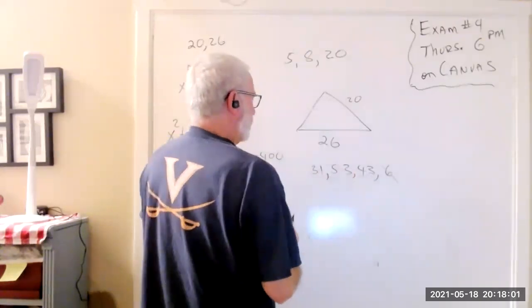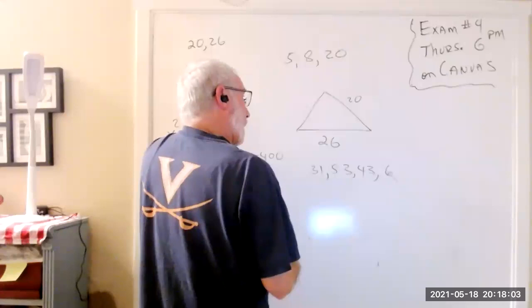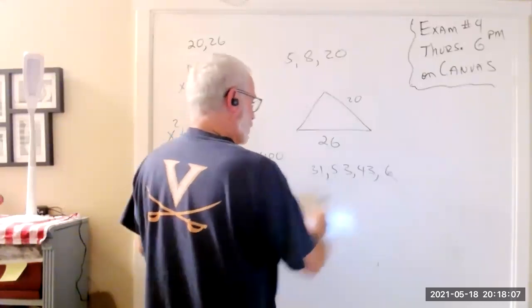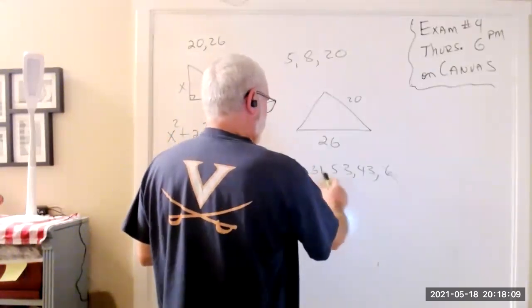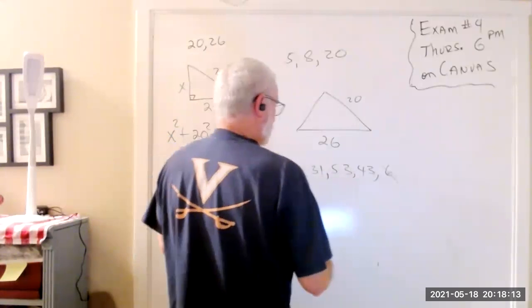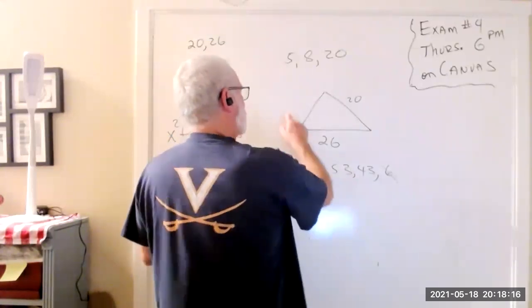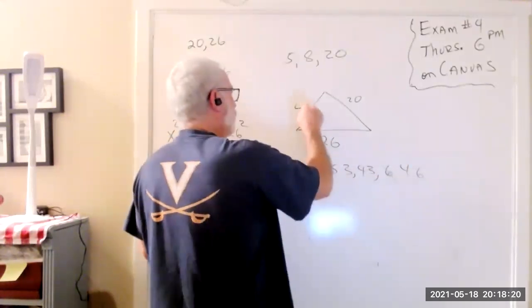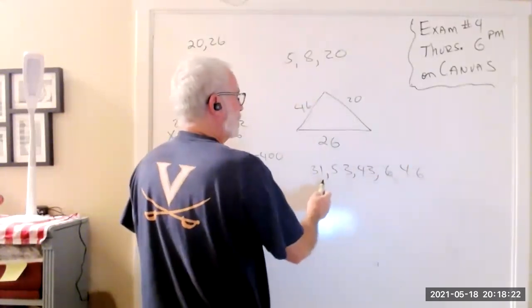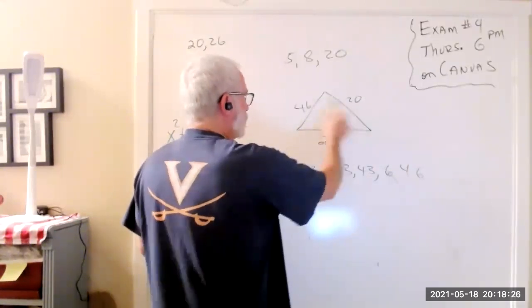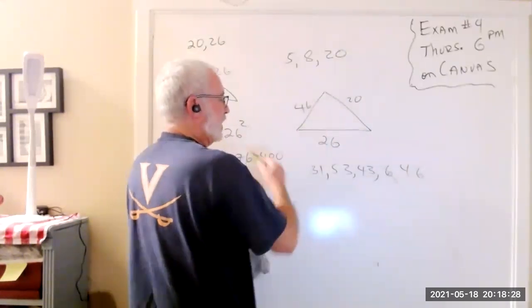Those are your choices: 31, 53, 43, and 6. And 46. Okay, well, 46 I can delete because 26 and 20 equals 46, and they have to be bigger.